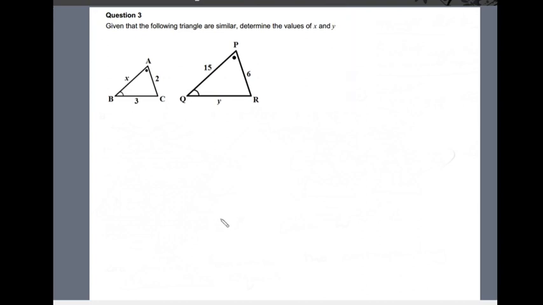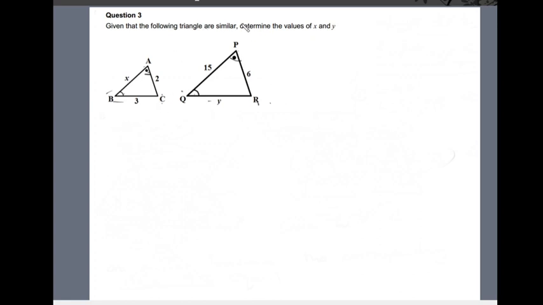So let us first identify the corresponding sides. I see the corresponding angles are equal. This angle is equal to that one. This angle is equal to that one. Therefore, the corresponding sides in this case are the side AB and the side PQ, the side AC and the side PR, the side BC and the side QR. So those are the corresponding sides, right?